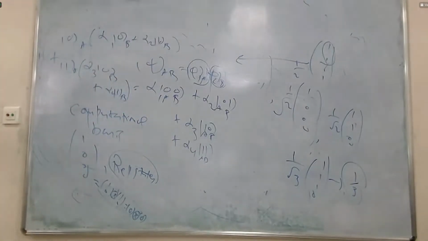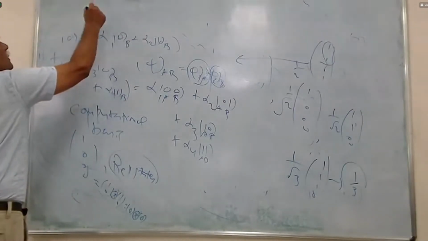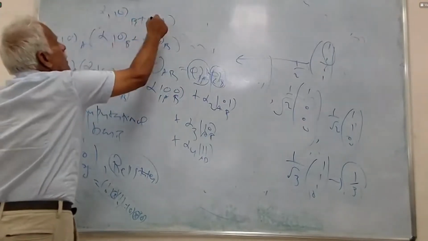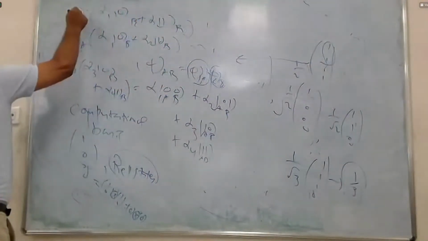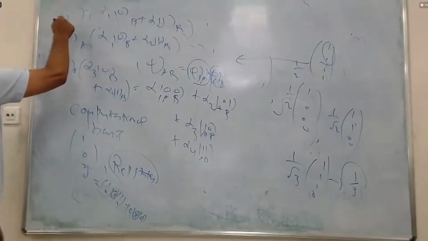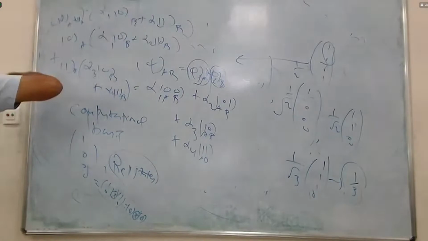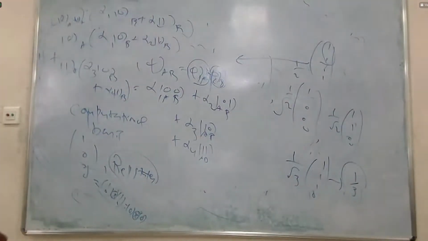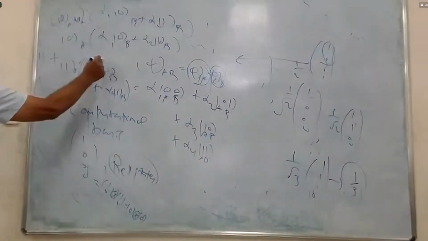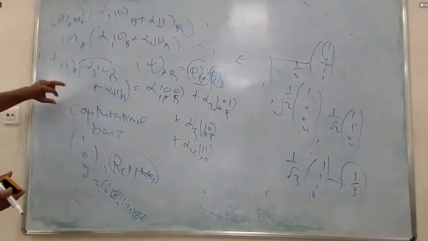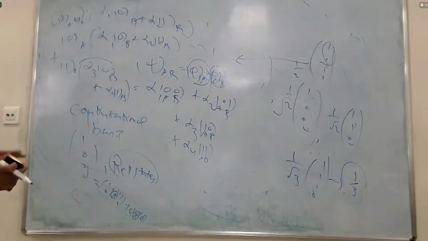Now, when is it separable? Convince yourself. Suppose these are equal. Of course, you can take that common, right? Alpha 1, 0 and alpha 2, 1, if these are equal, then it will be 0 plus 1. If they are not equal, then the factor will come here. So if these two vectors, the coefficients of 0 and the coefficients of 1, are parallel, then it is separable.